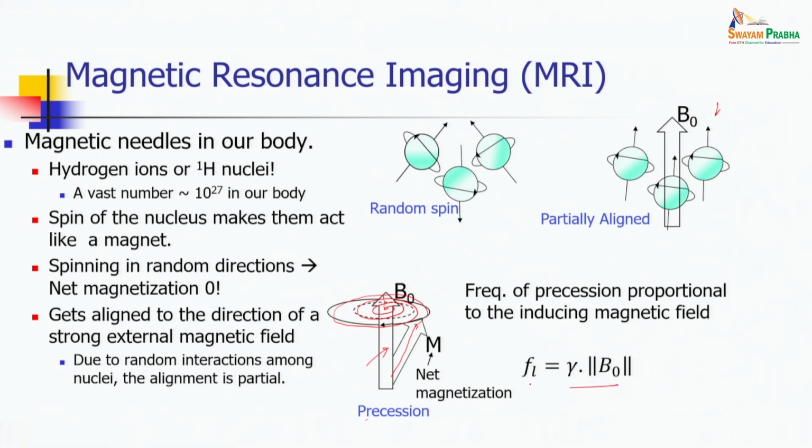This is a very interesting relationship: the frequency is called the Larmor frequency, which is proportional to the strength of B naught, and gamma is called the gyromagnetic ratio. These depend on the kind of material you have.